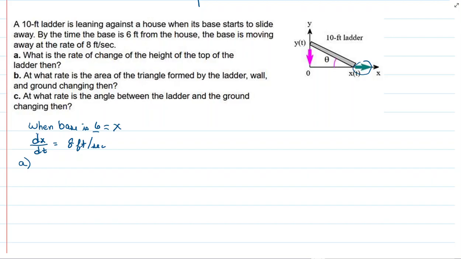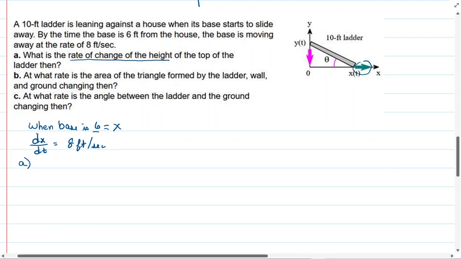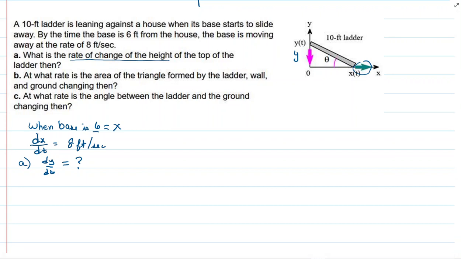Is everybody good? Okay. What is the rate of change of the height? Okay, so this is this guy. So we want dy/dt at the top of the ladder. All right. So what am I going to do?